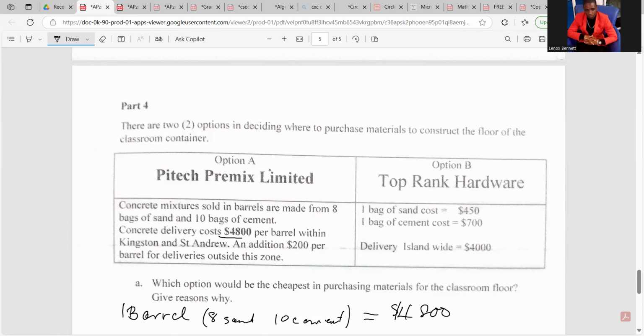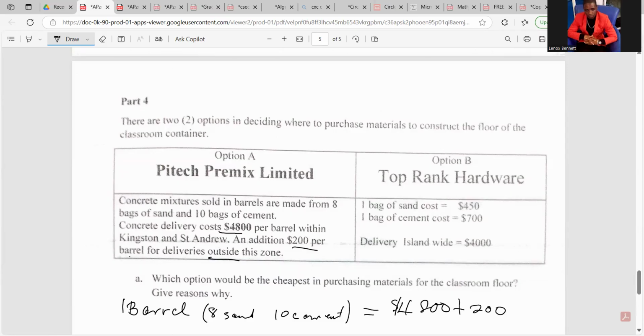In Kingston and St. Andrew. In addition, $200 per barrel for deliveries outside this zone. Now they did say it was a rural area, so that means that $200 applies to us, right? Alright.